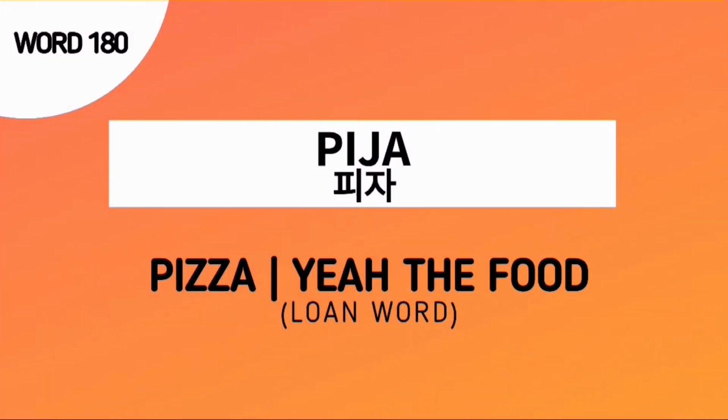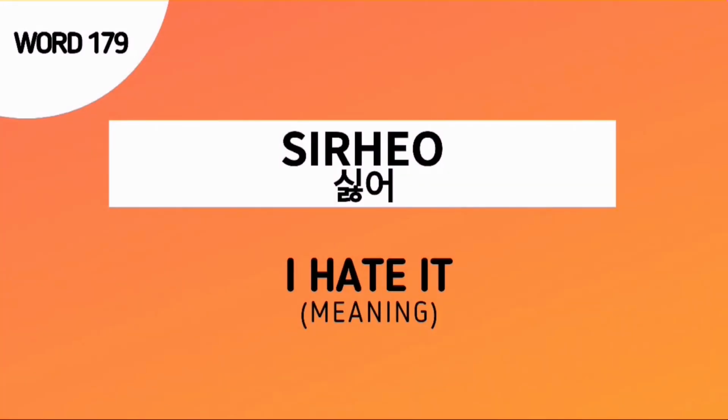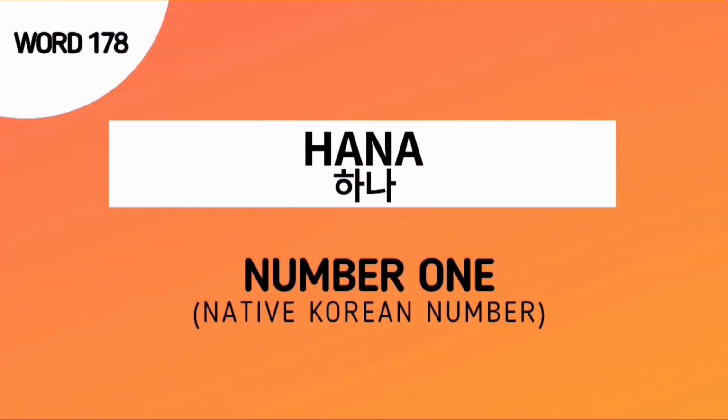Word number 180 is pizza, which is actually just the Korean version of the word pizza. Word number 179 is 싫어, and this is used to say, I hate it. Word number 178 is hana, and this is the number 1 of the native Korean numbers.